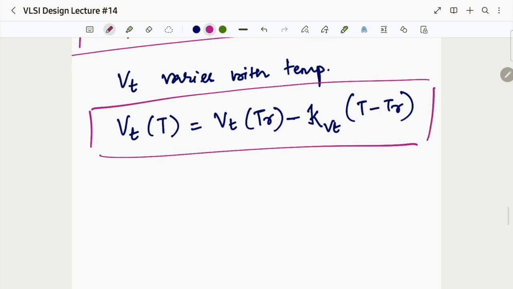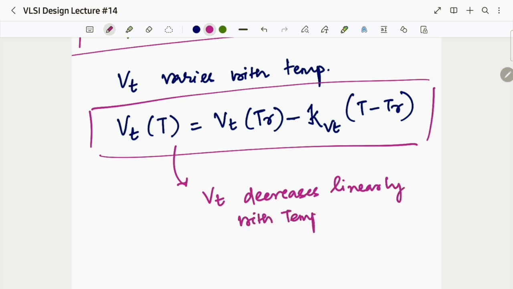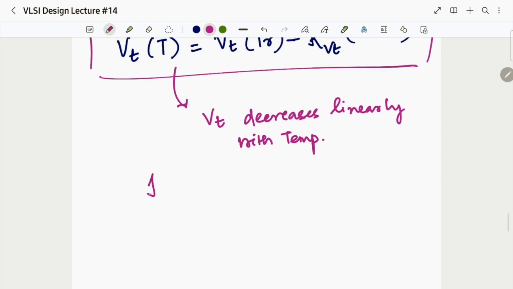This is the equation, and from here we can conclude that threshold voltage decreases linearly with temperature, and kVT is another constant parameter wherein the value ranges from 0.5 to 3.0.